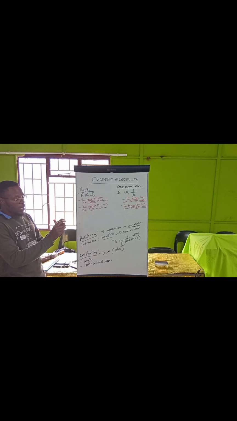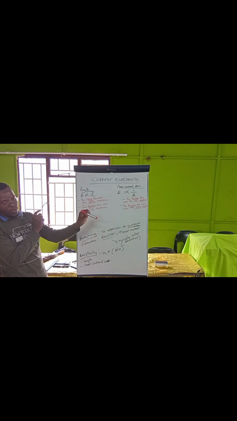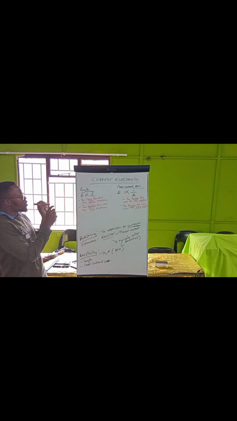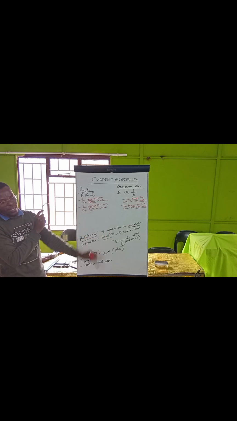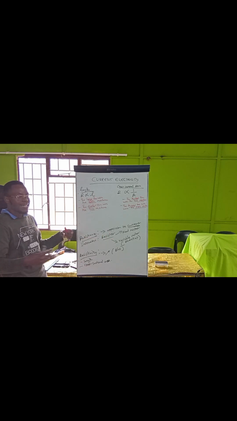When a wire is longer, remember this is a conductor. So if you have a longer conductor, there will be more current flowing in. Because there will be more current flowing in, there will be a greater collision of the charges. Remember, current is the flow of charge.